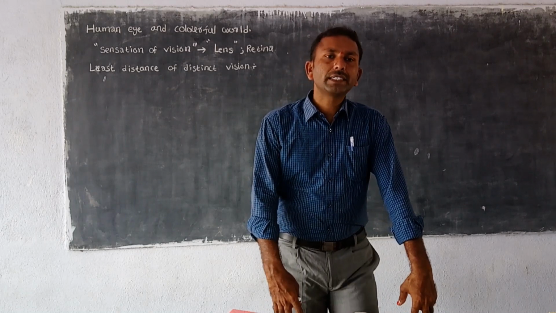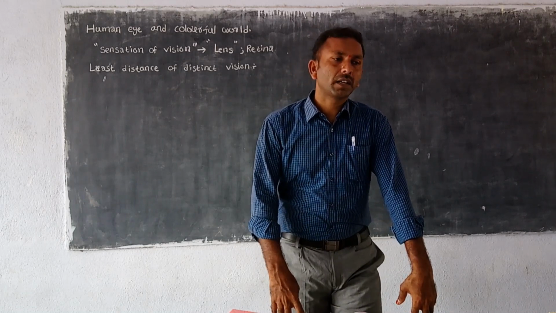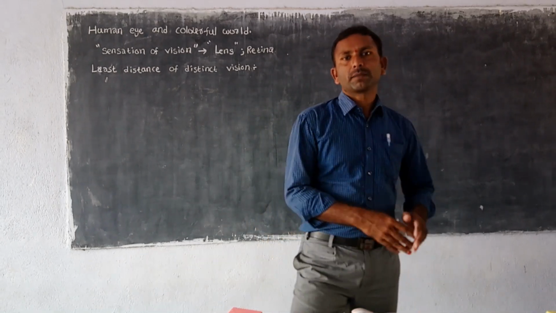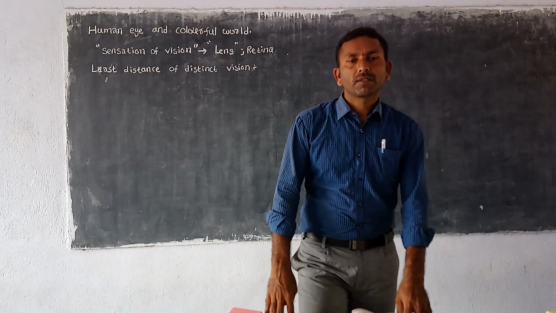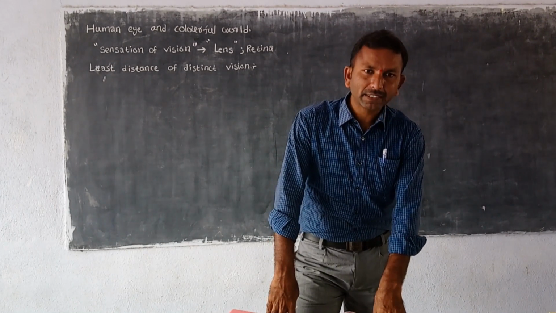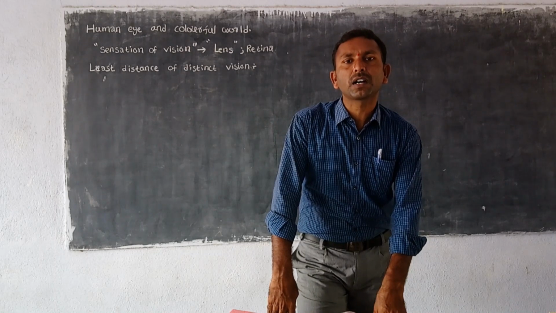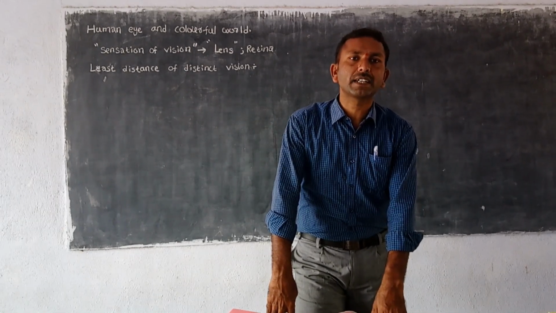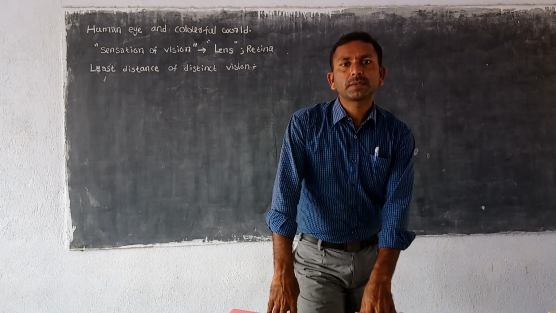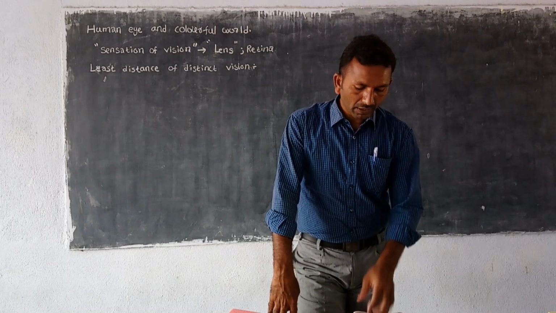In each and every case, participating one by one from your friends, you have to measure the distance where your friend is able to see the letters clearly, that is, the distance between the book and the eyes.